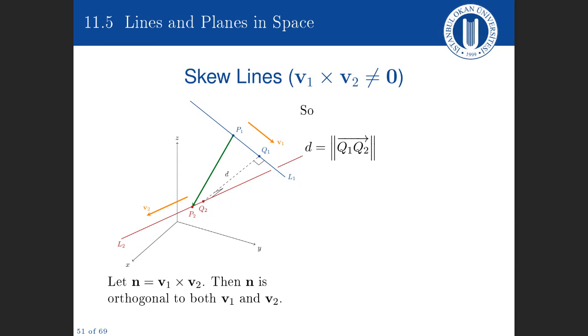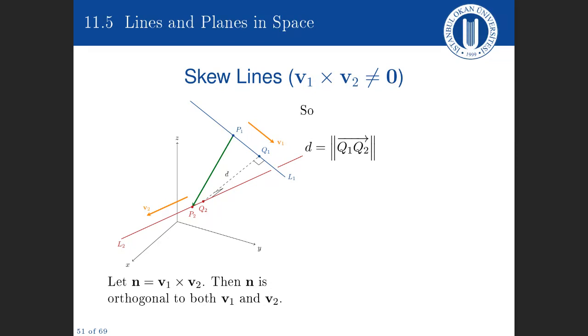Now, there must be a point Q1 on the first line, which is closest to line 2, and there must be a point Q2 on line 2, which is closest to line 1. And then the distance between these two lines will be the same as the norm of the vector from Q1 to Q2.